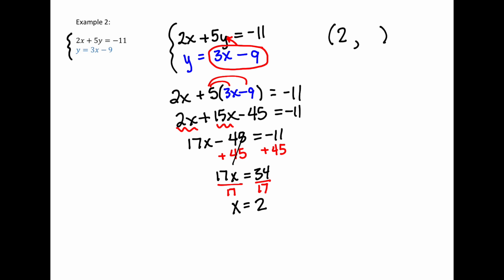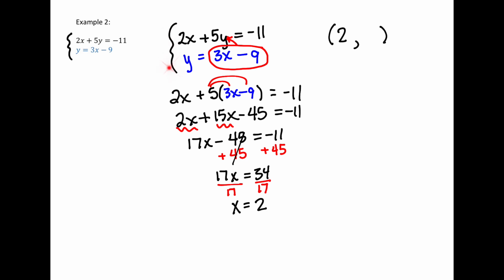How do you find the y value now? We are going to substitute again. Okay, so you can take x, so 2, and put it in either this equation or this equation for x and solve it for y. The blue equation is going to be the easier one because it's already solved for y.